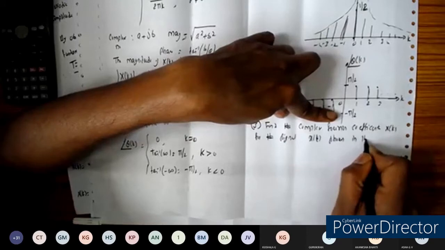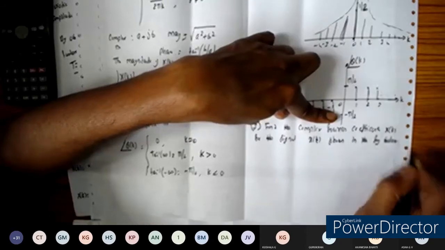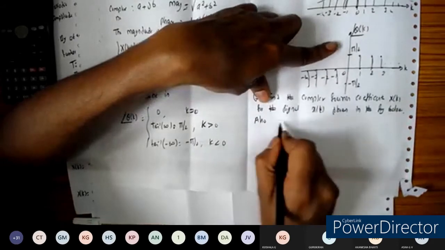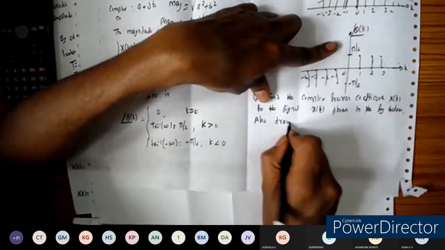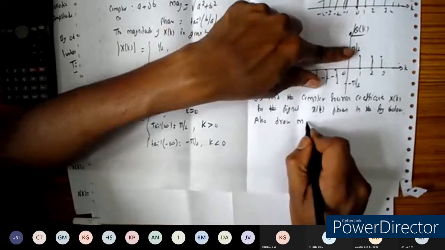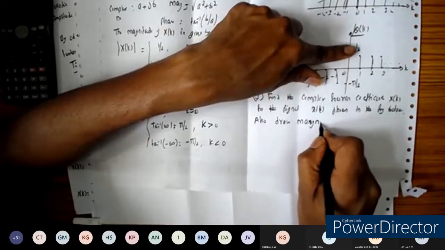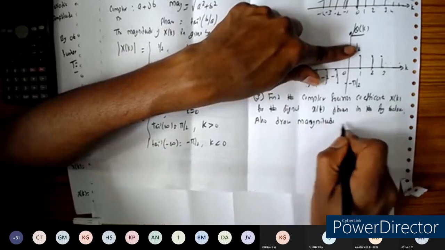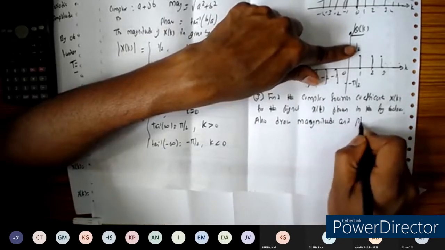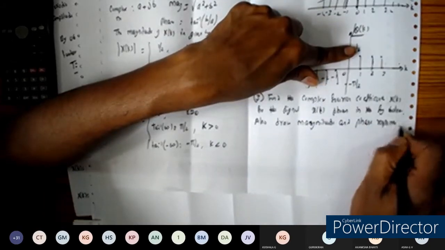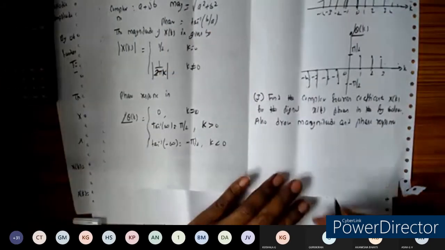Also draw the magnitude and phase response.